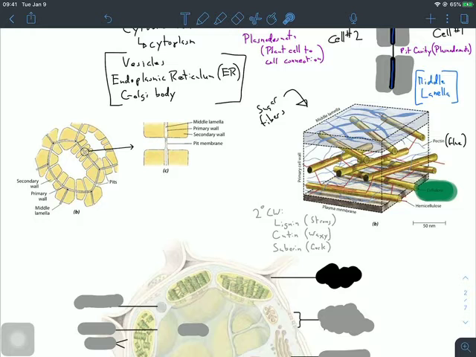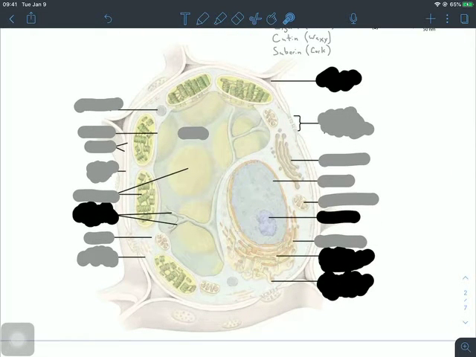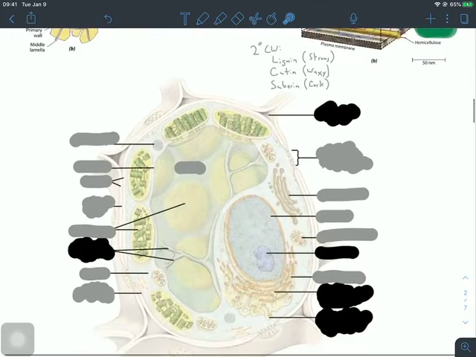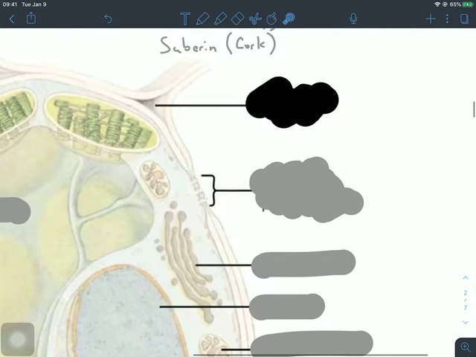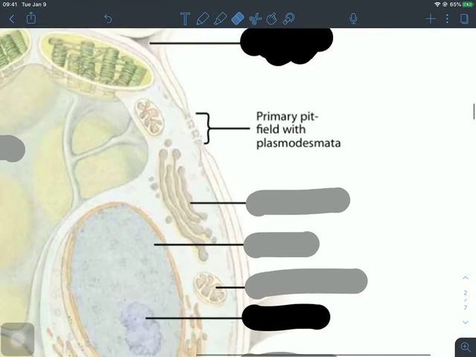So now, as a bit of review, let's go ahead and label these different features in a plant cell from your textbook. So from going clockwise around this image, we have our first gaps in the plant cell wall here. These are our pit pairs or pit fields with our plasmodesmata.